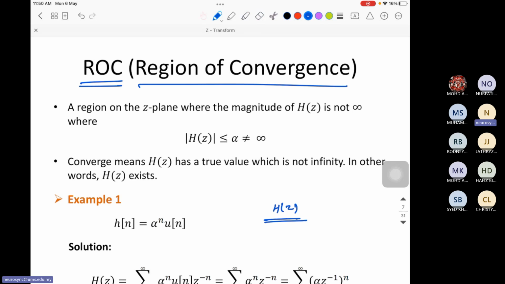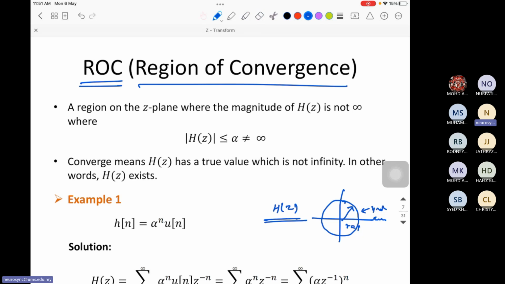Now, in the Fourier transform, we were focused on the unit circle. If the region of convergence of this Z transform includes this unit circle, this r equal to 1, then the Fourier transform will also exist. This is a very important statement.